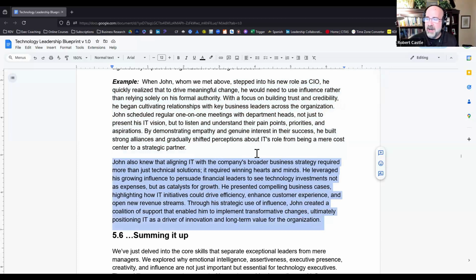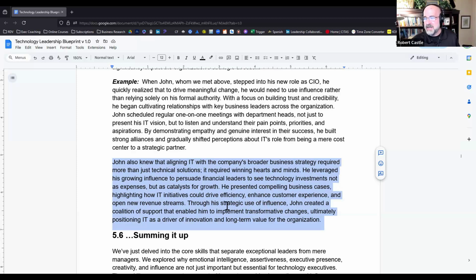John also knew that aligning IT with the company's broader business strategy required more than just technical solutions. It required winning hearts and minds. He leveraged his growing influence to persuade financial leaders to see technology investments not as expenses, but as catalysts for growth.